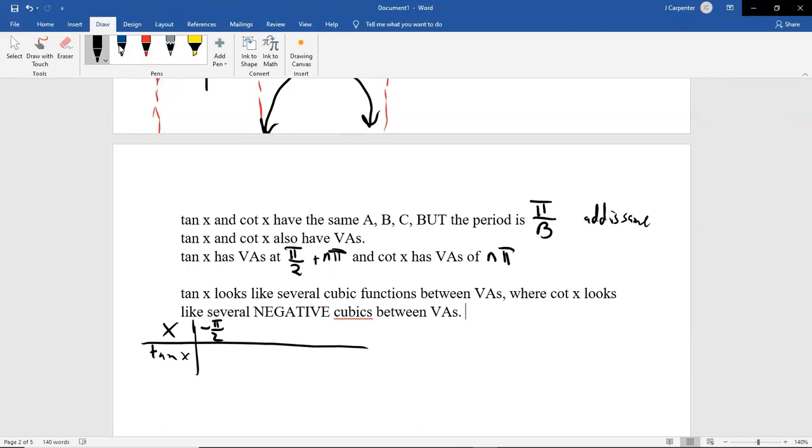So we go negative pi over 2, then negative pi over 4, then 0, pi over 4, and then pi over 2.